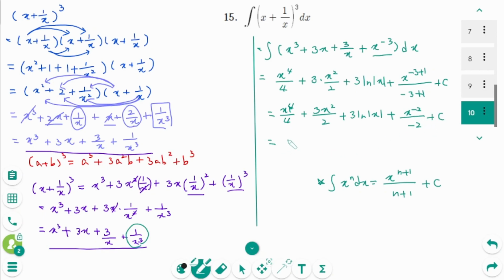Then the final answer is x to the power of 4 over 4 plus 3x squared over 2 plus 3 ln absolute value of x minus 1 over 2x squared plus c.